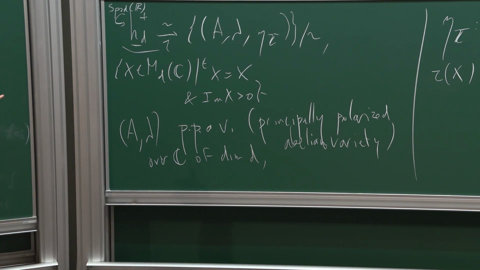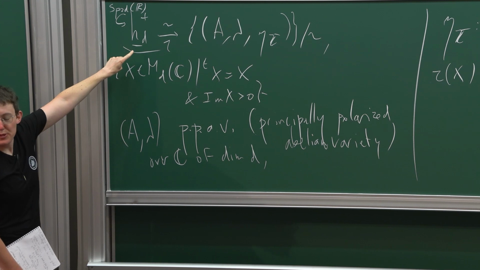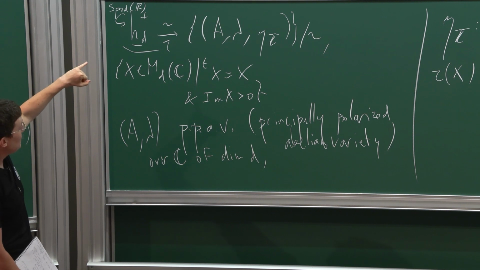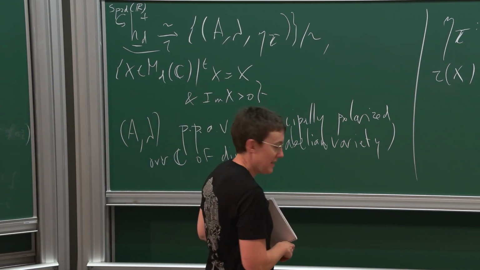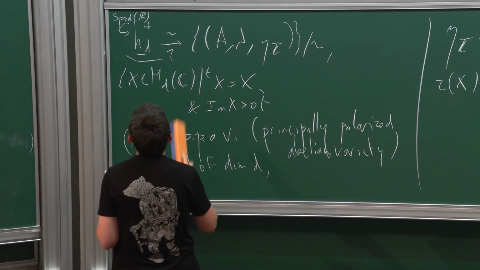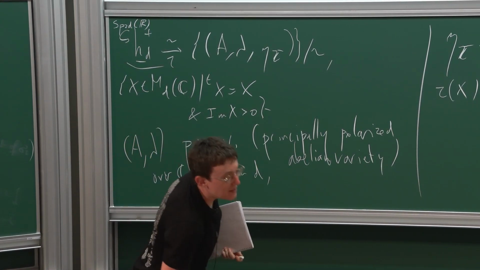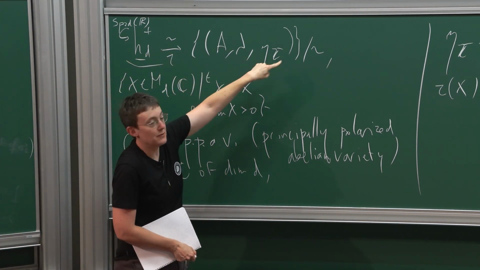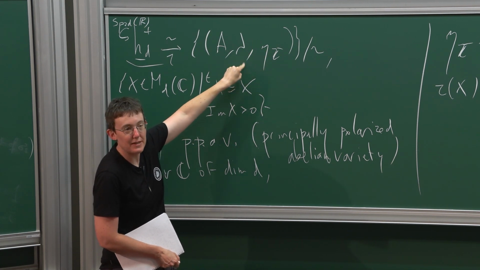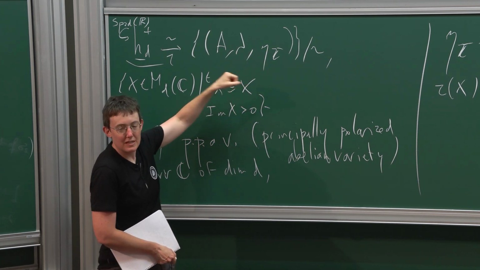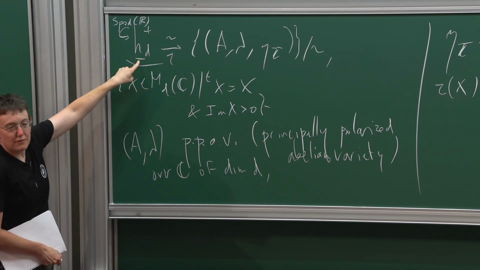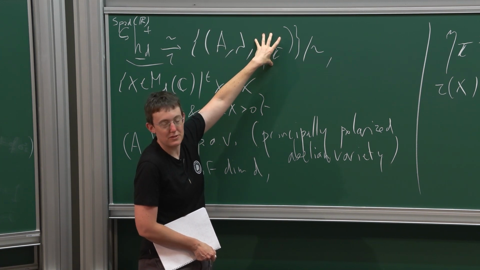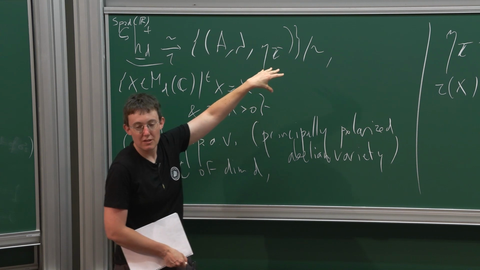For example, if I just want to understand the quotient of that by Sp_2d of Z itself, Sp_2d of Z acts on the eta: you compose the eta by an element of Sp_2d of Z. So what does taking the quotient by Sp_2d of Z mean? It just means that I forget this, so I'll just get isomorphism classes of principally polarized abelian varieties of dimension d over C.